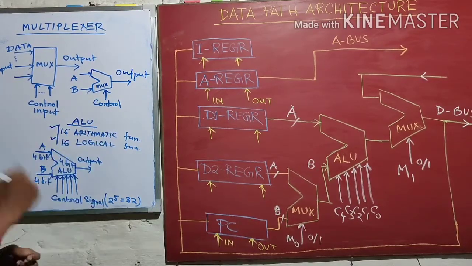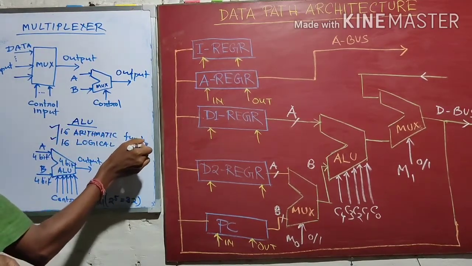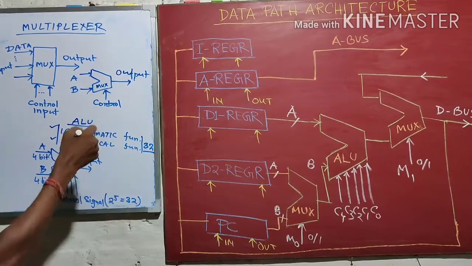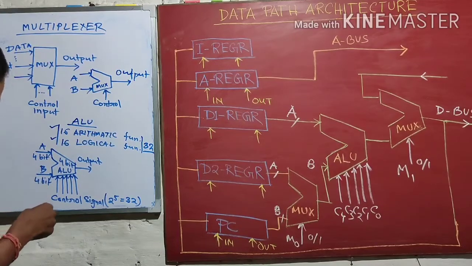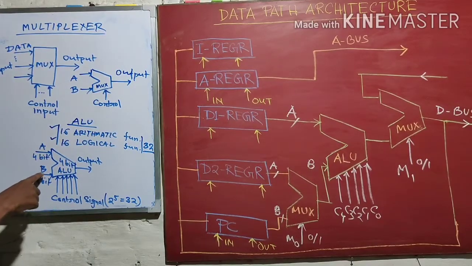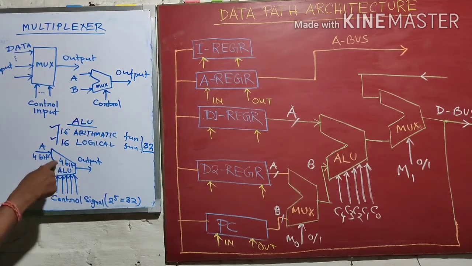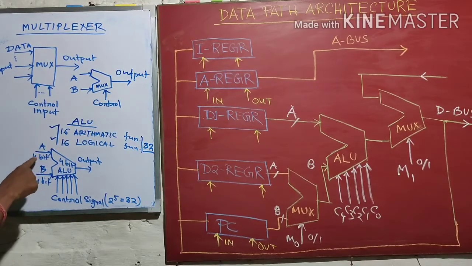And if you look at the ALU, suppose one arithmetic logic unit consists of 16 arithmetic functions and 16 logical functions. That means a total of 32 operations can be done in an ALU, arithmetic logic unit. Suppose these are the two data paths, data A and data B, and they may be of different sizes. If the size is 4-bit, then this is called a 4-bit ALU. If the size of the data is 8-bit, then it is called an 8-bit ALU.